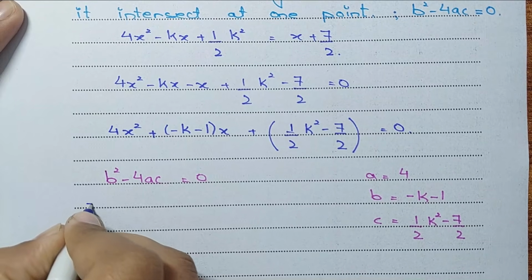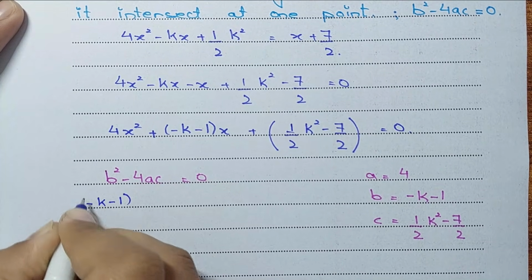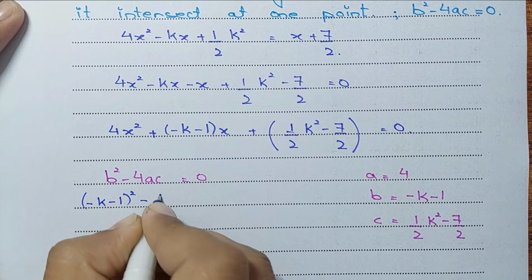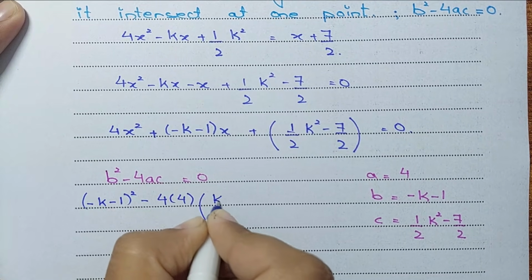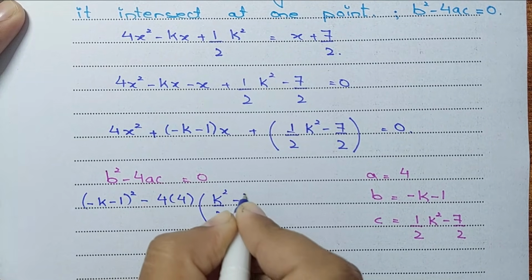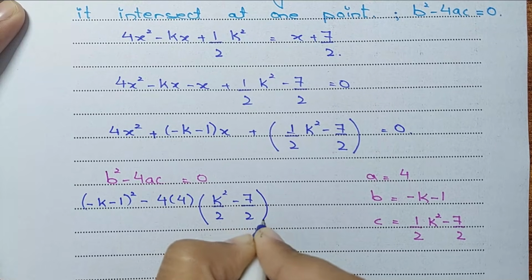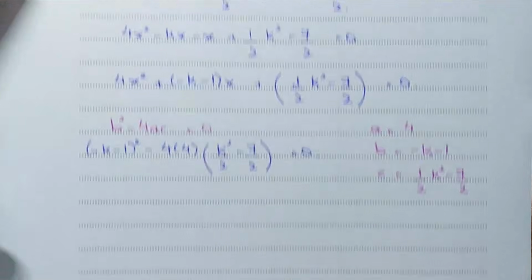Now b is minus k minus 1 whole square, minus 4, where a is 4 and c is k square divided by 2 minus 7 by 2. This should be equal to 0, right?